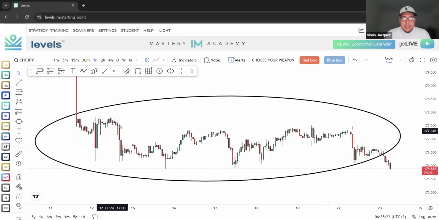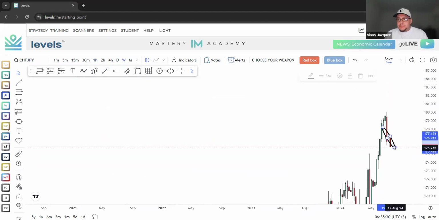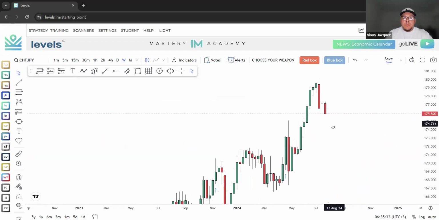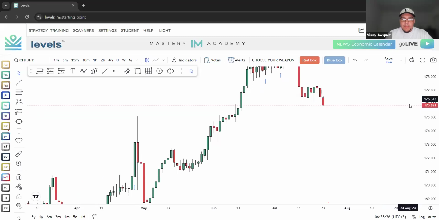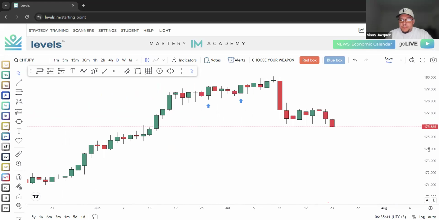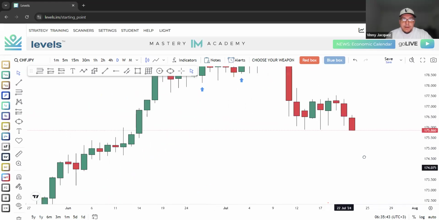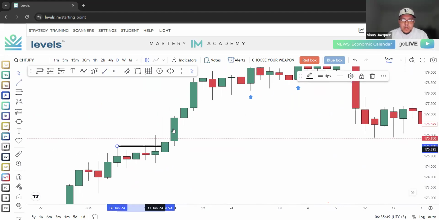But let's see why this is consolidating. Let's go to a higher time frame real quick. Let's go to the daily one time. All right, so we can see here on the daily time frame, guys, we have a break of structure to the upside.